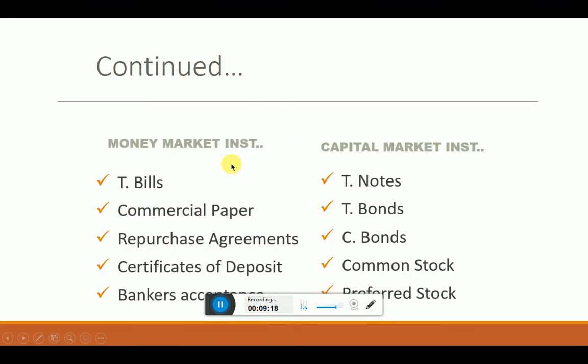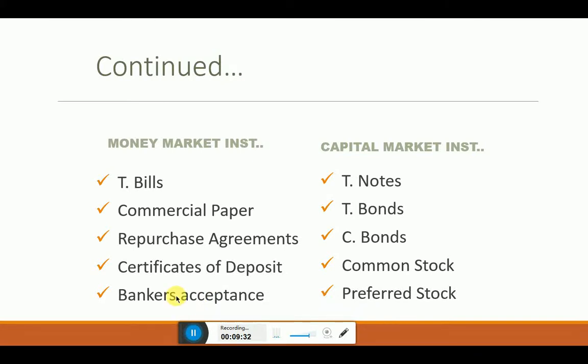Okay, so these are money market instruments by name. T-bills, we can call them treasury bills, commercial paper, repurchase agreements, certificates of deposit, bankers' acceptance. These are basically 5 commonly used or widely used money market instruments. All of them are short term, starting from 1 day, 24 hours, or overnight till less than 1 year.